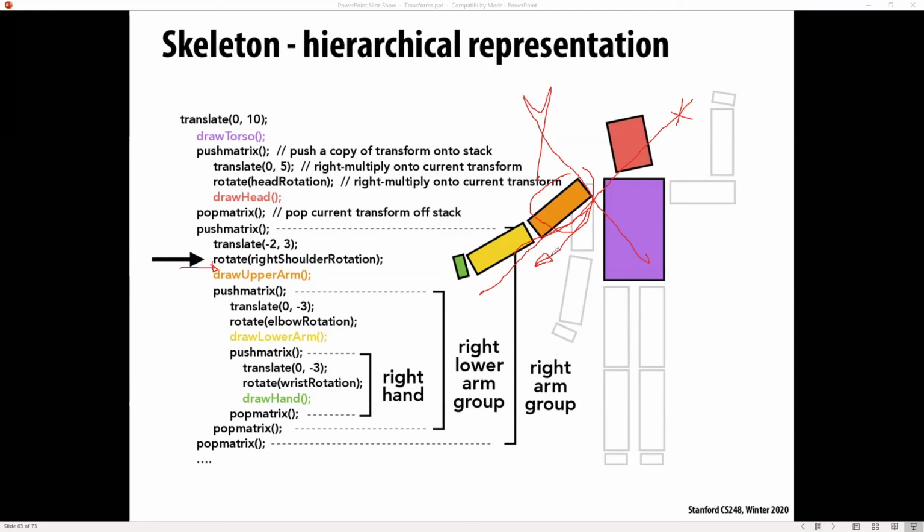Oh, I haven't drawn my coordinate frame right. So the way that I've drawn the coordinate frame, it wouldn't be this. It would be -3, 0 that would be the translate happening here. Right? So you can think of the coordinate frame and the motion.